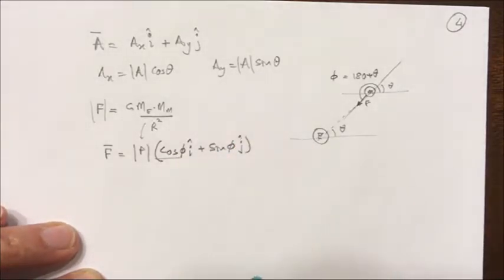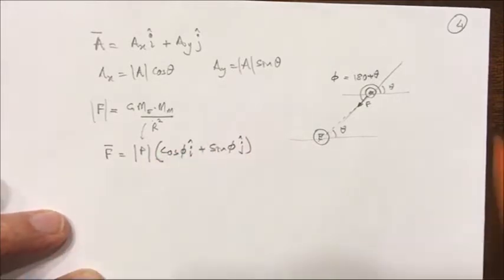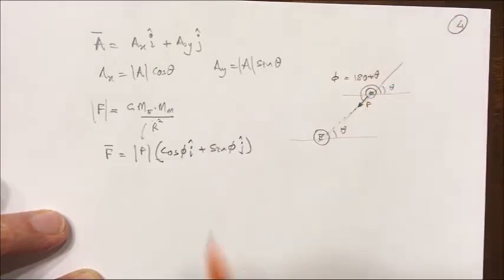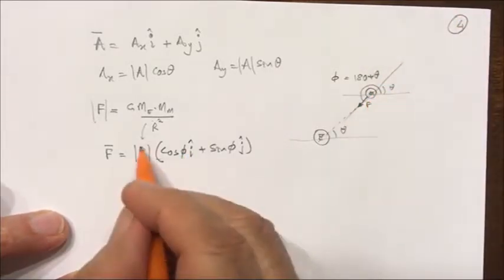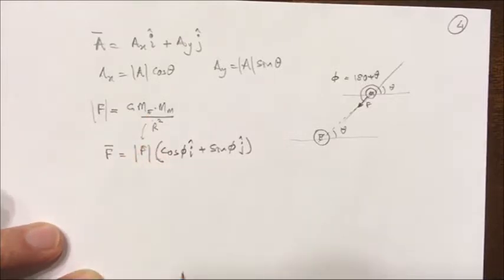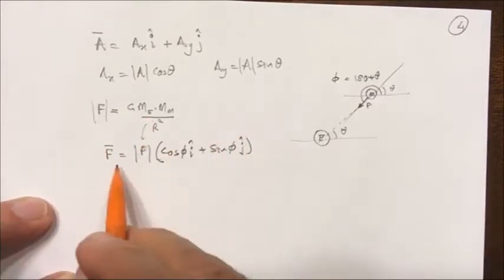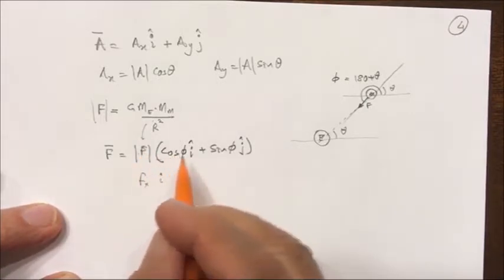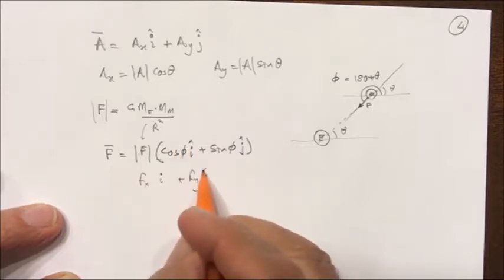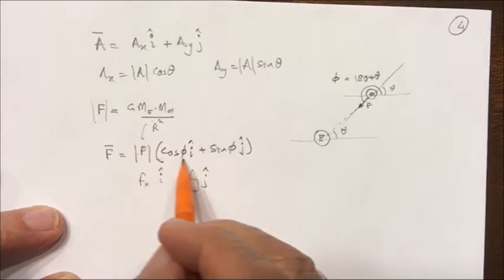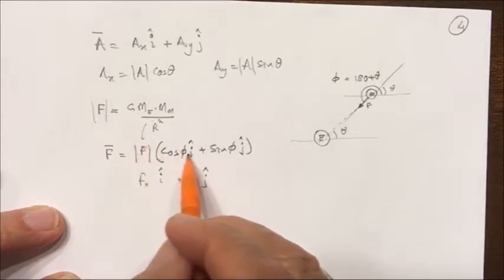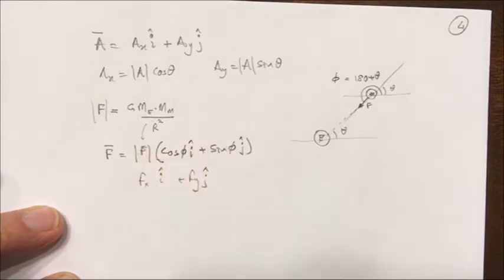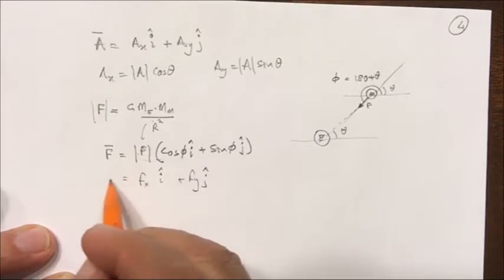And this, cosine phi i plus sine phi j, is the unit vector pointing in the direction of phi. And F is the magnitude, which comes from here. Then you get the whole vector in terms of Fx i and Fy j. And incidentally, F times cosine phi is Fx, and F times sine phi is Fy. So they're the same thing written in a different way.